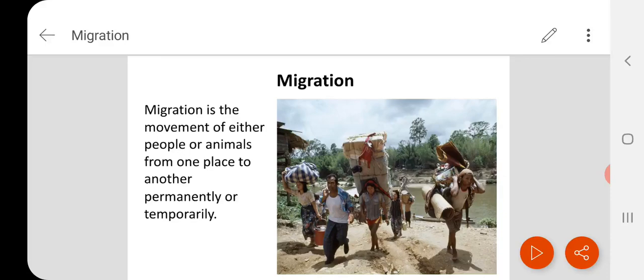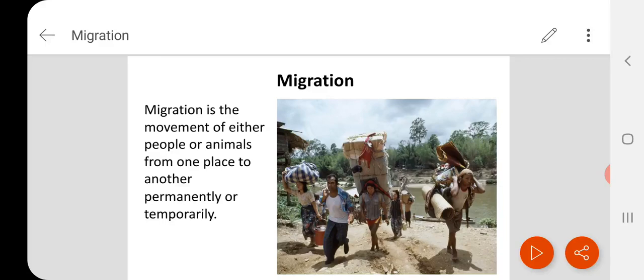So, what is migration? Migration is the movement of either people or animals from one place to another, permanently or temporarily. That means if people or animals go from one place to another permanently or temporarily, those people or animals will be called migrants.